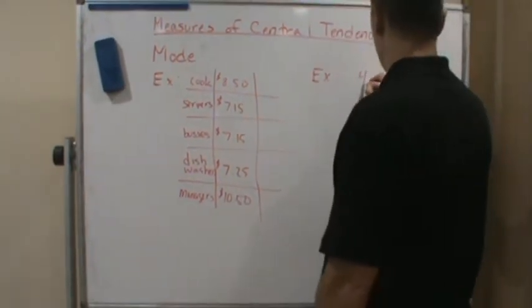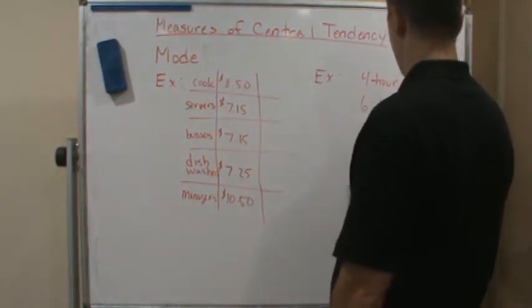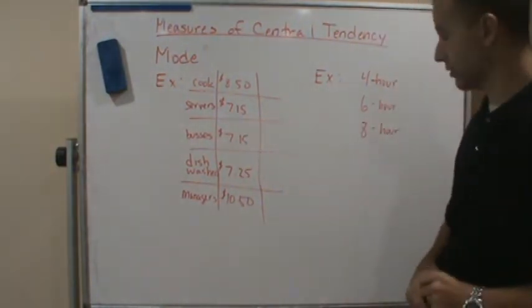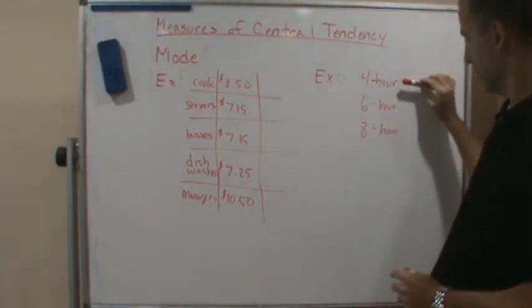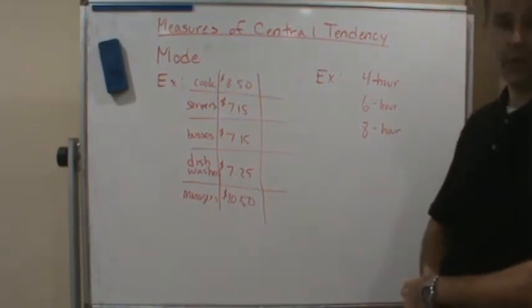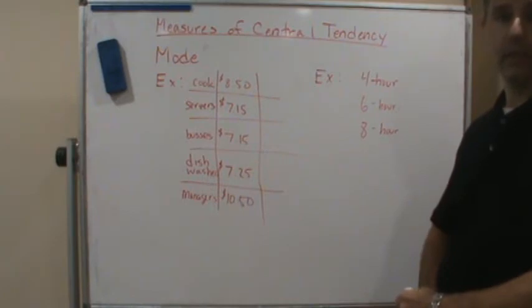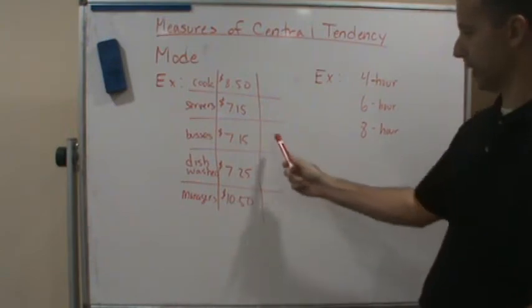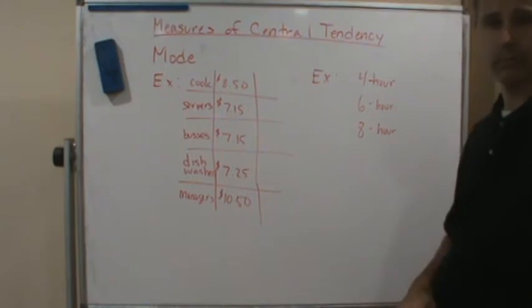You could work a 4-hour shift, 6-hour shift, or an 8-hour shift. In this case, if we ask ourselves, well, what's the mode? There is no mode because there's nothing that shows up the most frequently among the 3 shifts or shift types. And so this would have no mode. The earlier example would have one mode, at 7.15. This would have no modes. Okay.